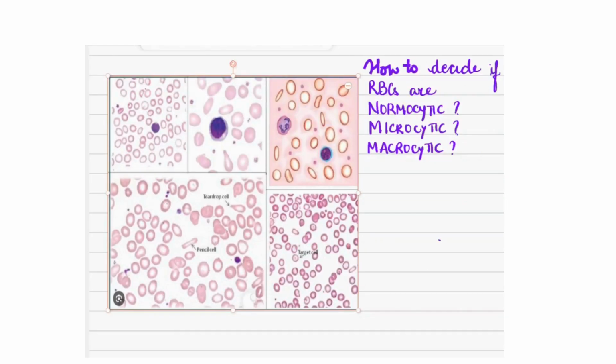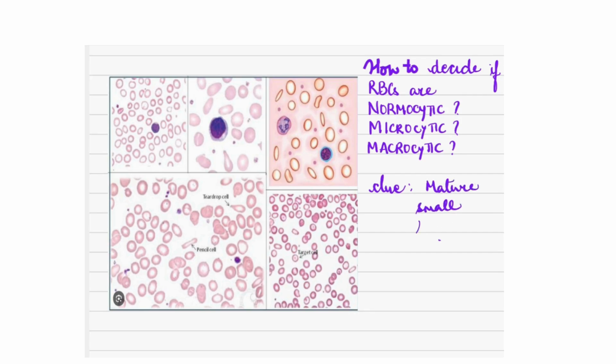How do you decide whether the RBC is normocytic, of a normal size, microcytic, a smaller size than it should be, or macrocytic, a bigger size than normal? The clue is always the mature small lymphocyte.